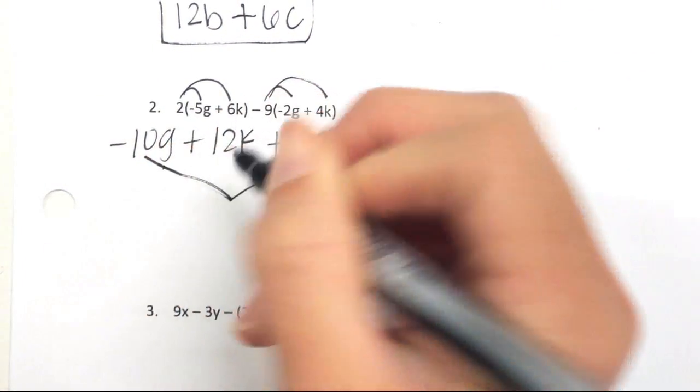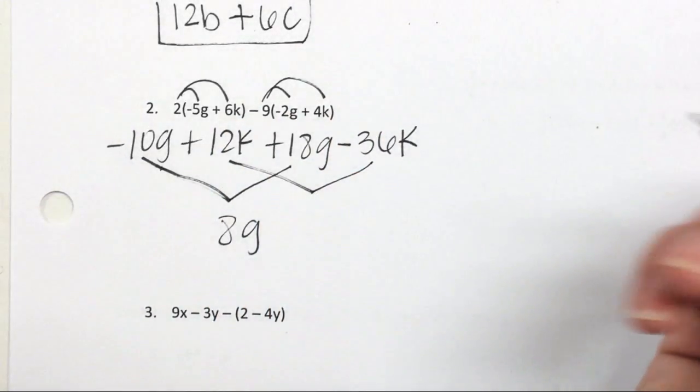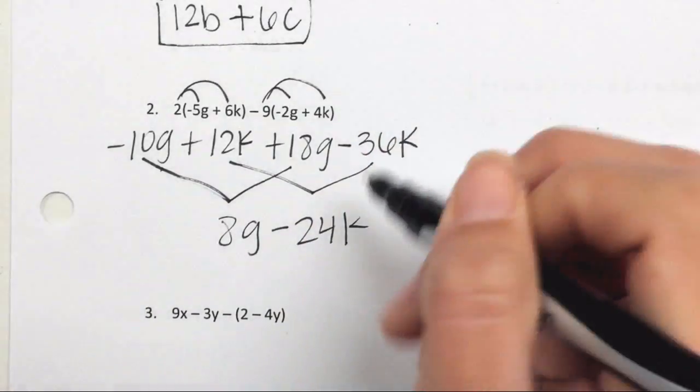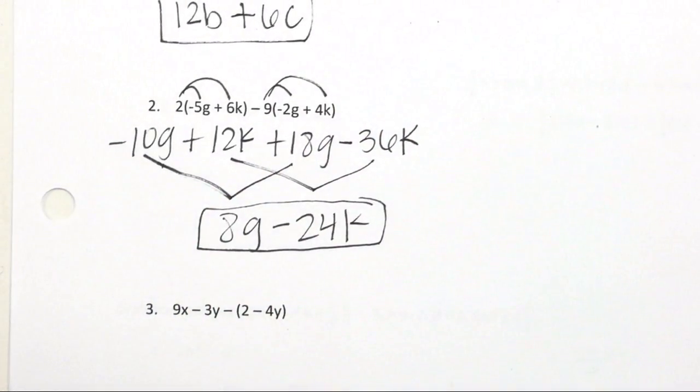And that's going to make, and 12k and negative 36. Very good. Can I do anything else? No. Any questions about that one?